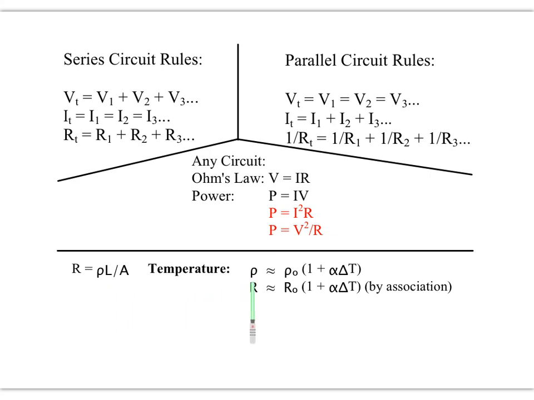This resistivity will change with temperature. So this is the reference resistance, the resistance at 20 degrees Celsius, and this is the temperature coefficient. So this rho naught and this alpha are found in the table in your book. And this delta T is the difference in temperature from 20 degrees Celsius. If you remember, we have a little shortcut version of this where if I happen to know the resistance at 20 degrees Celsius, because it's written on, say, the side of the resistor, I can look at how the resistance just varies with temperature.